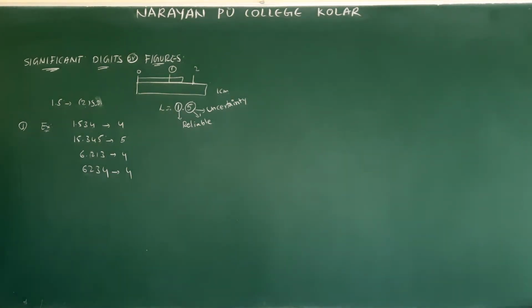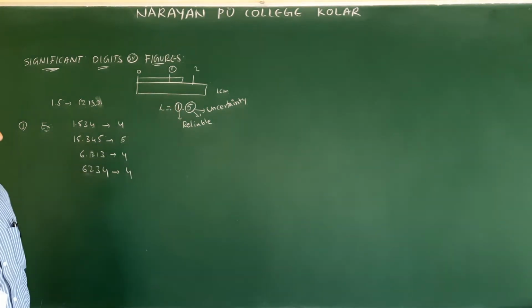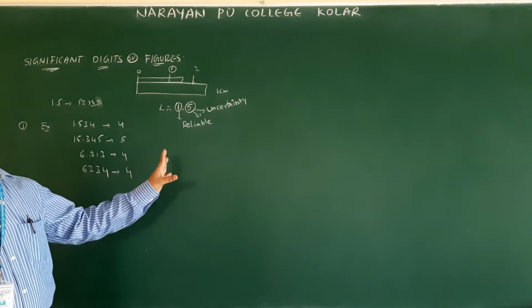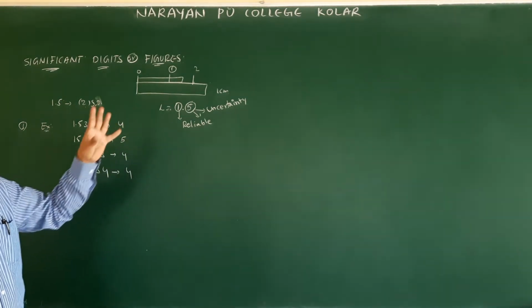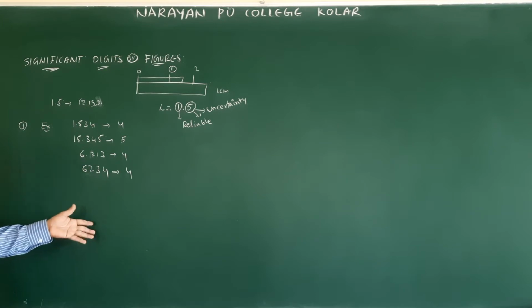Understood now, first point? All the non-zero digits, wherever the decimal place is, are significant. In your textbook they simply gave that all the non-zero digits are significant. But wherever the decimal place is there also, you can say those will be coming under significant digits. They will give numbers at the time and ask how many significant digits are there.